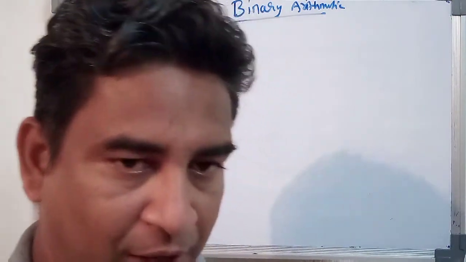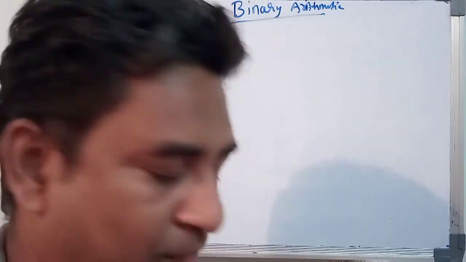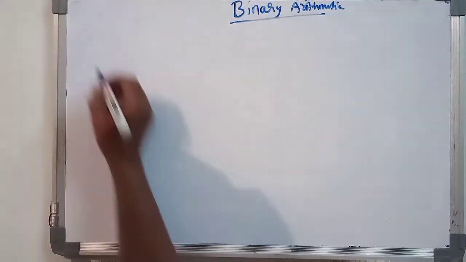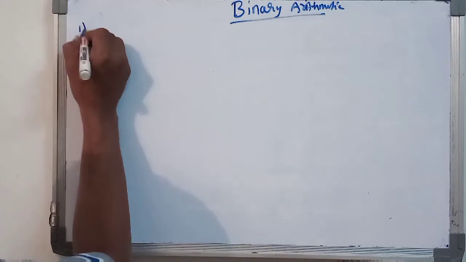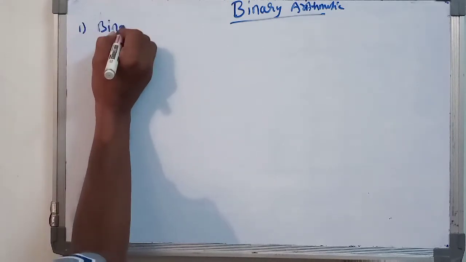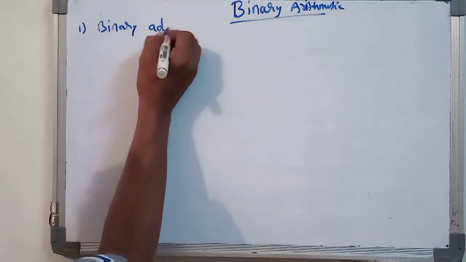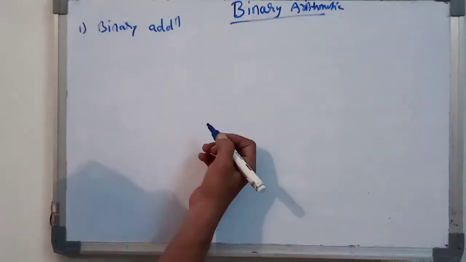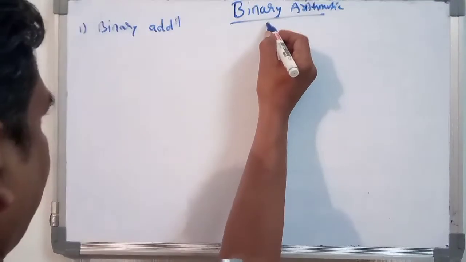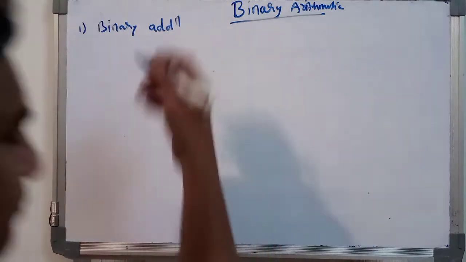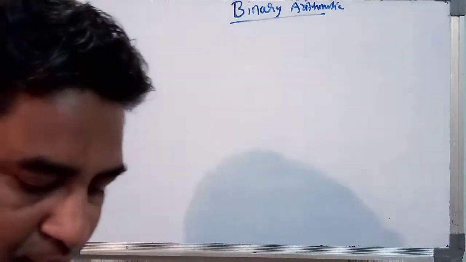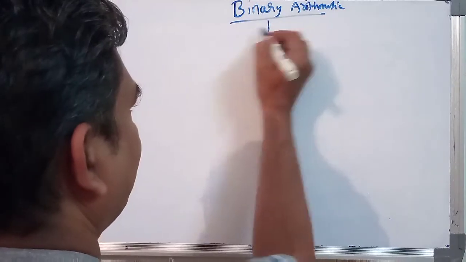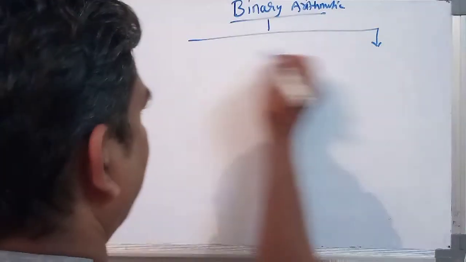Now you have certain rules for addition. Here the first is binary addition, and the second is binary subtraction. This binary arithmetic has been divided into these two separate parts.